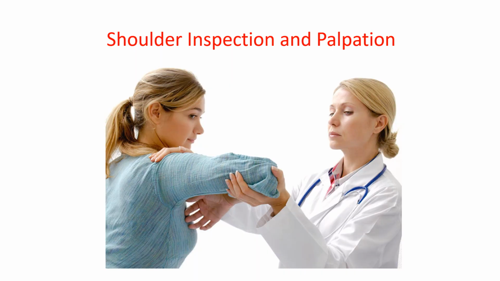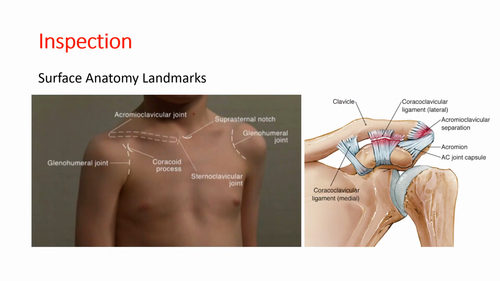So we're going to just talk about shoulder inspection and palpation. It's going to take you on a journey in terms of doing a shoulder inspection. This slide is just to remind you of the shoulder anatomy, the surface anatomy landmarks, as well as the particular parts of the shoulder underneath.